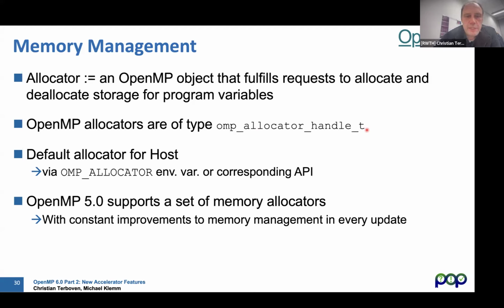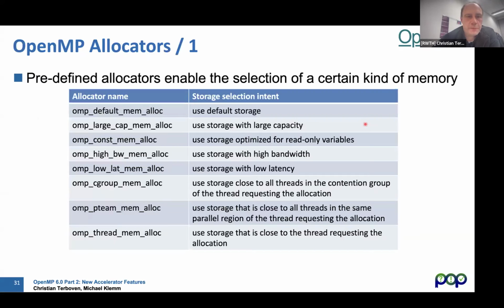This has been introduced with OpenMP version 5 with the goal, and actually we achieve this goal, to make constant improvements in every update, giving us a general concept that is suitable to target the recent developments of systems and architectures.